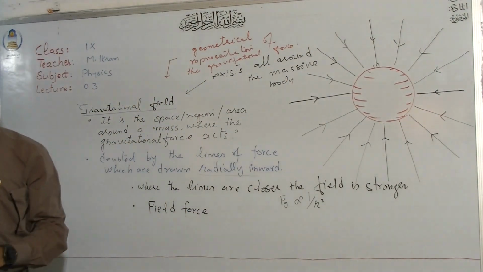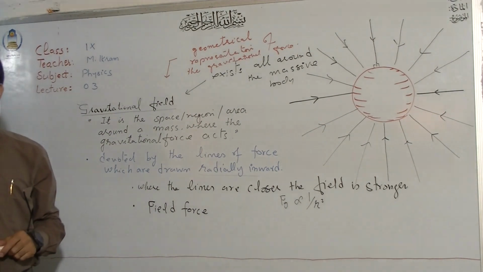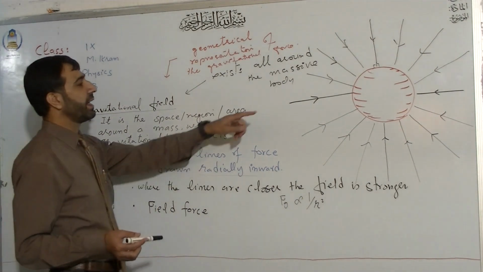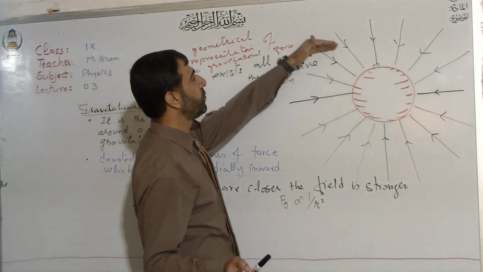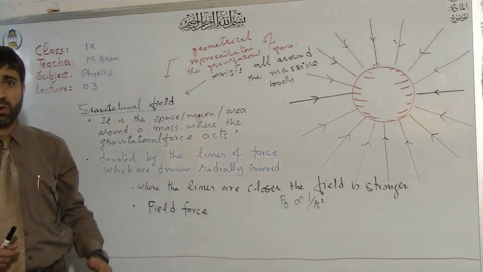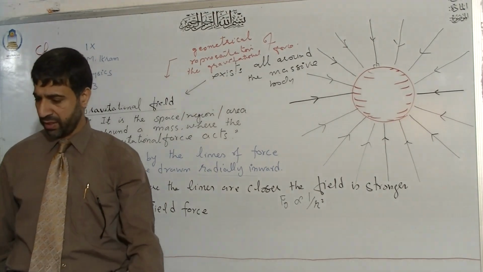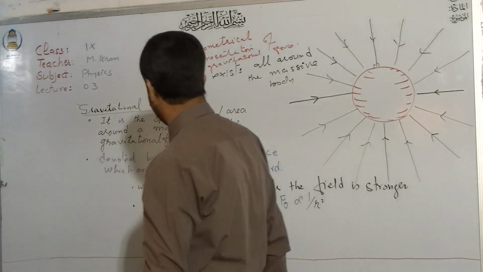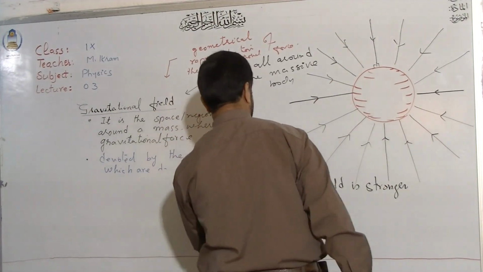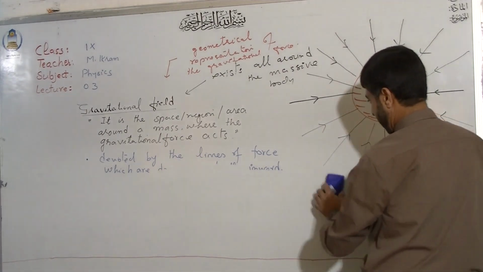This means that the gravitational force decreases with increase in distance. As you move away from the body, the gravitational force decreases. So, hope you have learned a lot about the gravitational field. Let us move on to the next topic.